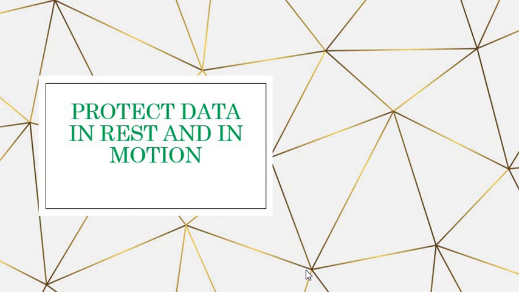Now the most important thing is protect your data at rest and in motion. Data at rest means your data is stored in your Amazon EBS, Amazon S3 or other AWS services. It is the best practice to protect your business data.